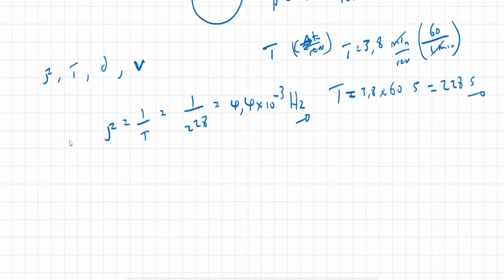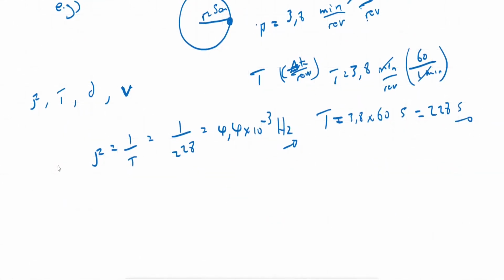All right, so how much distance did they cover? Since we know r, it's pretty easy for us to find the distance. The distance is given by 2 pi r, and that's 2 pi. Remember, pi is a number. Then put r in meters, which is 5 times 10 to the power minus 2 meters.